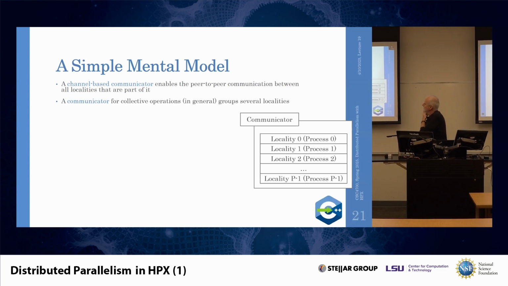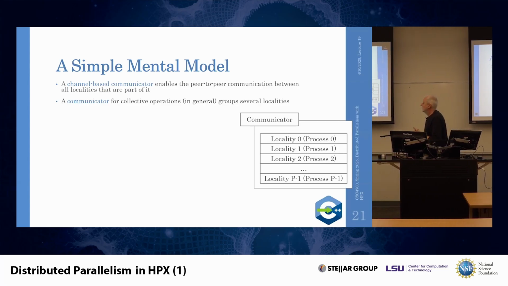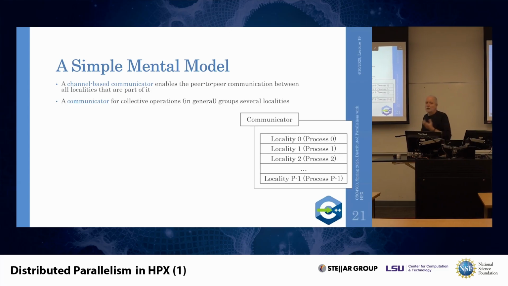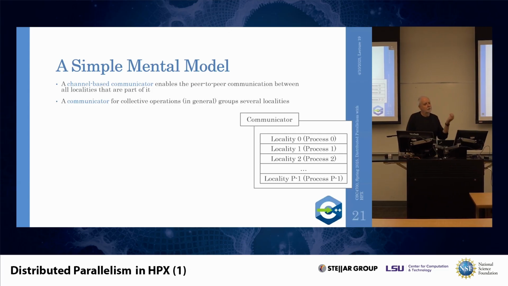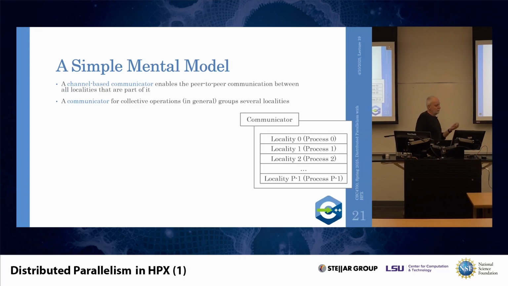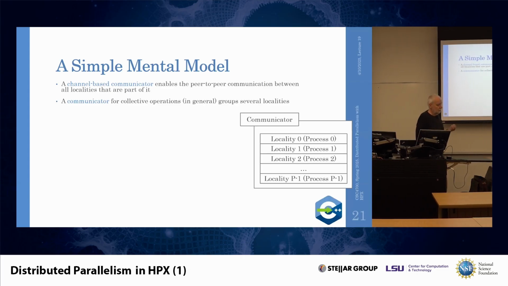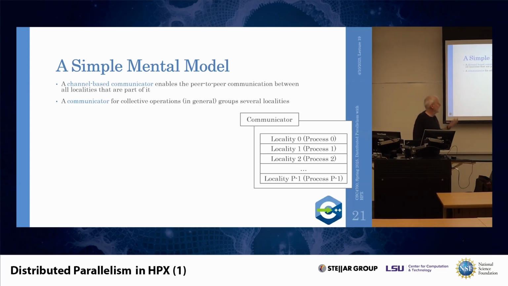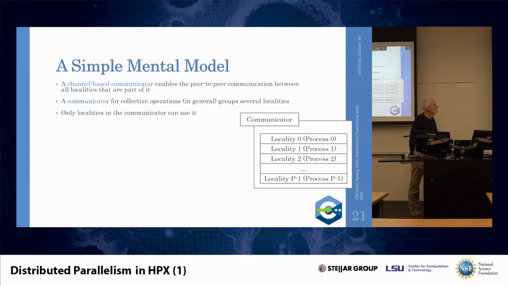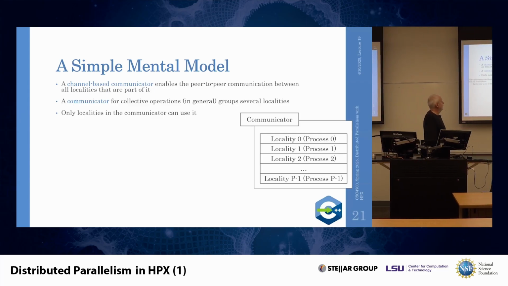If the channel-based communicator enables peer-to-peer communication, the other communicator for collective operations groups several localities, identifies several localities and defines which of the localities have to participate in a collective operation. That is where this communicator is used. So only localities in the communicator can use it, obviously.